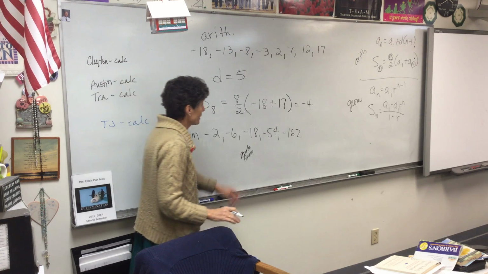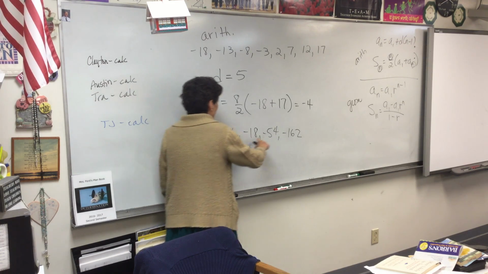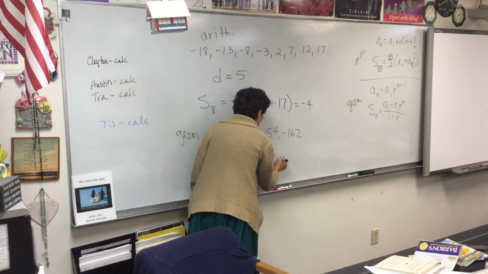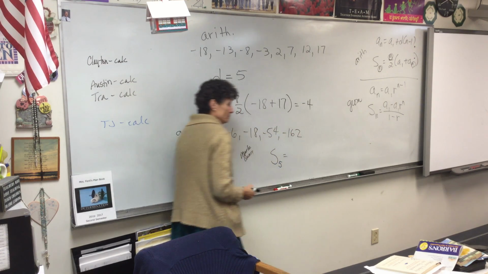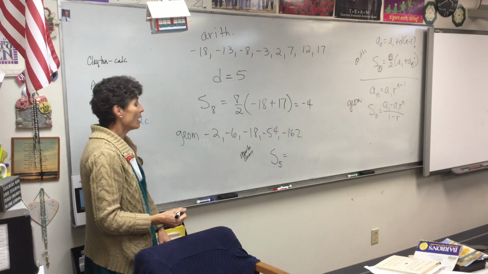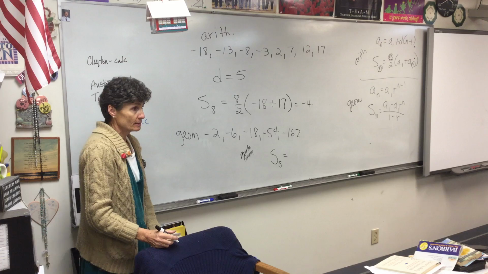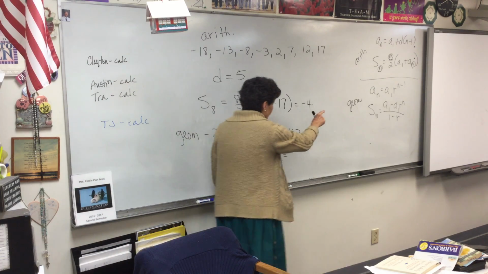All right, so here we go. How many are we adding? 5. 1, 2, 3, 4, 5. So we want to add up 5 of them. So the sum of 5 terms is going to equal what? Use your formula.